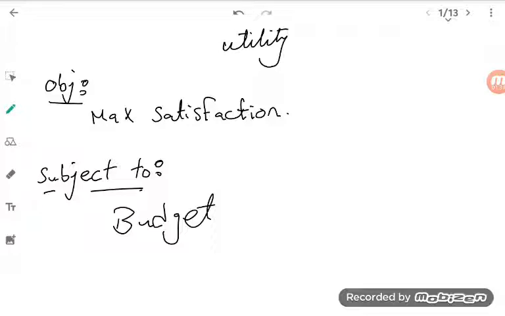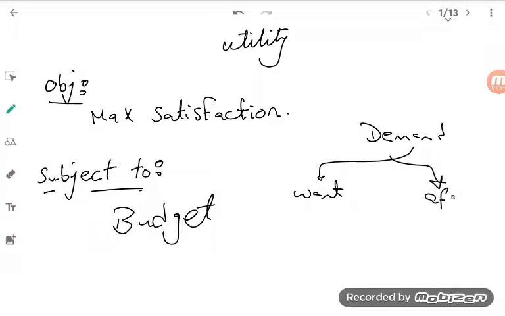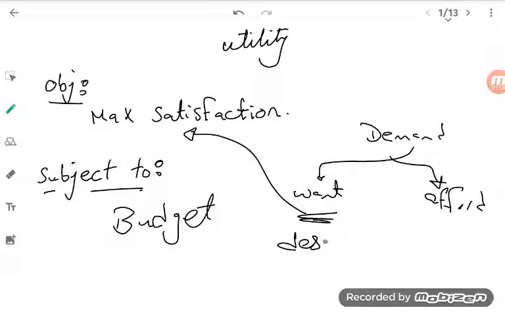In other words, when we define demand, we said that demand is something you want and you can afford. Something you want is related to desire, preferences, satisfaction or utility.